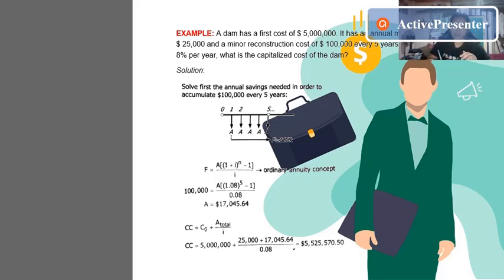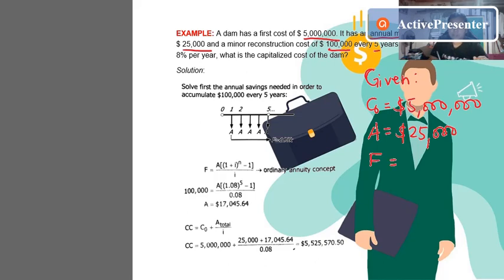So first, we need to write our given. The problem gives a first cost of $5 million, and the 25,000 is the annual maintenance, so we have A equal to 25,000. The 100,000 will be our future value since it is every 5 years for reconstruction.